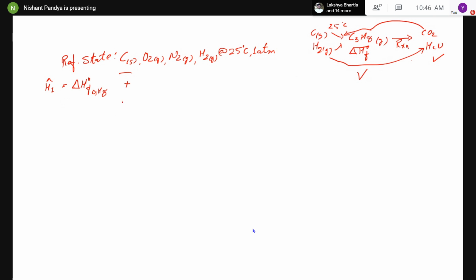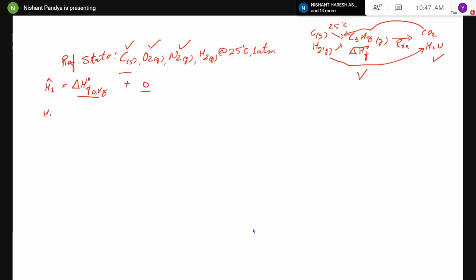By chance, in this case, C3H8 is already at 25 degrees Celsius at the inlet condition, so there is no sensible heat change. These two things you have to remember every time: whenever you take an element as a reference state, each enthalpy calculation will have two parts, enthalpy of formation and the temperature change.